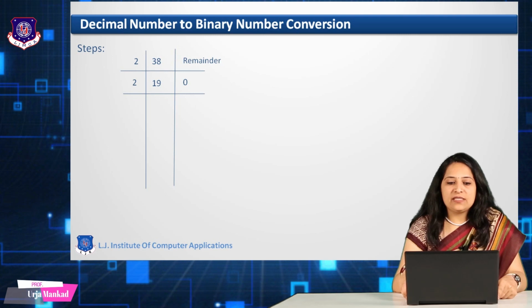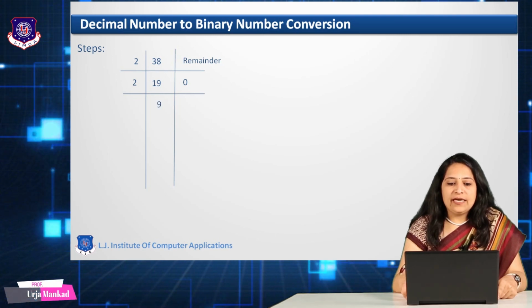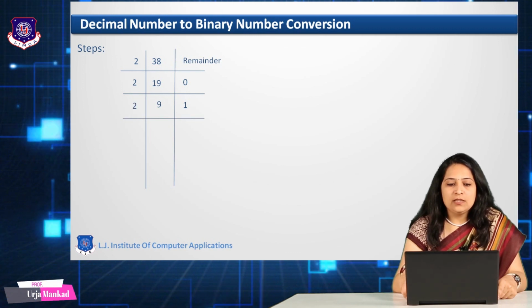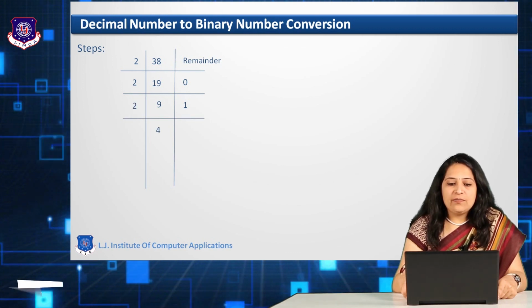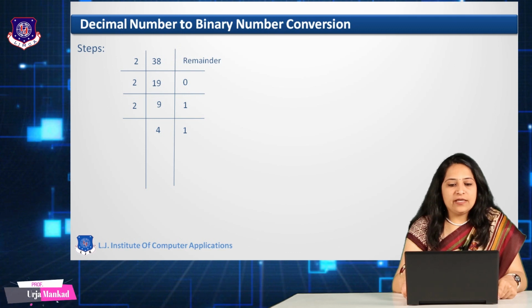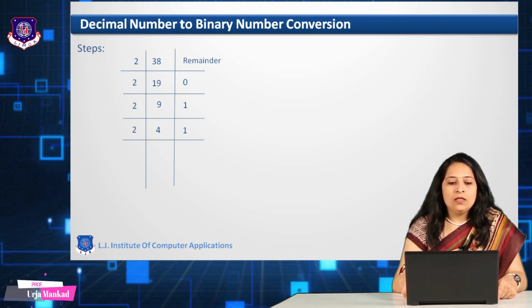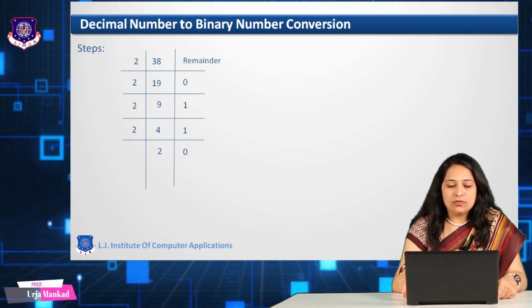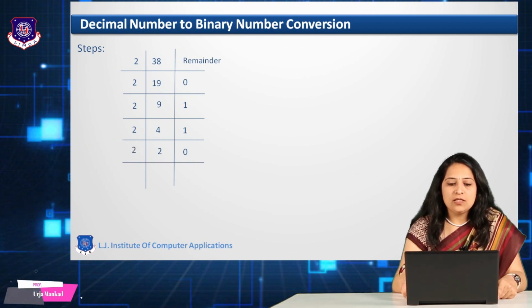We have to repeat the step. Similarly, 19 divided by 2 will give 9 and a remainder of 1. Further, 9 divided by 2 will give 4 and remainder 1. Again, 4 divided by 2 and we will get 2 as a quotient and 0 as the remainder.